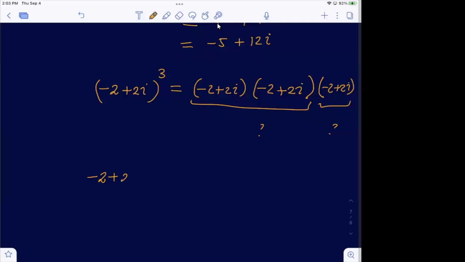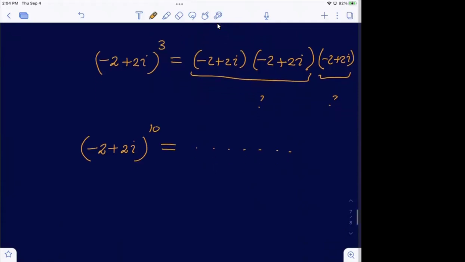What if we have a question where we need to take the fifth power, or even, to make it more interesting, the 10th power? Are we going to do this process 10 times? It's going to be very tedious. But that's exactly where complex numbers will show one of their real potentials even in early stages.